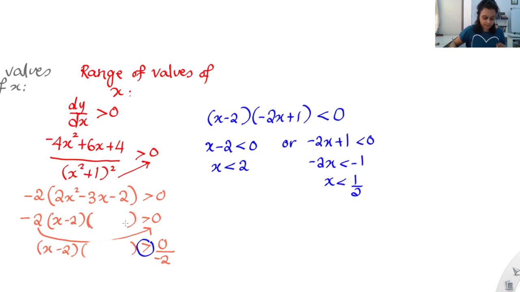After factorizing again, I enter 2, negative 3, negative 2, so I get x is 2, and another one I get negative 1 over 2, so that means 2x plus 1. Okay, 2x plus 1, and x minus 2.